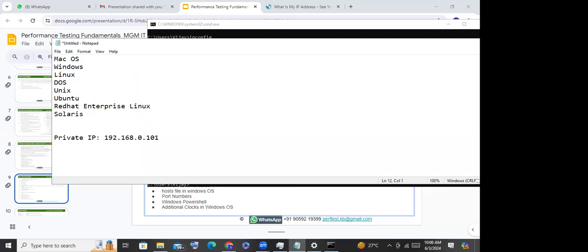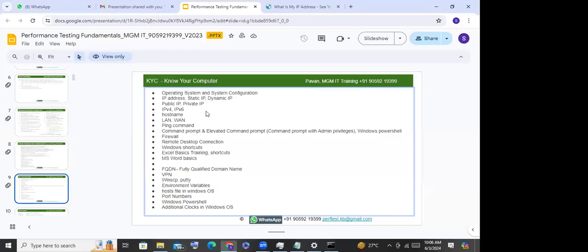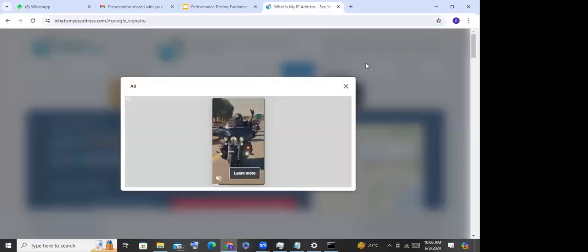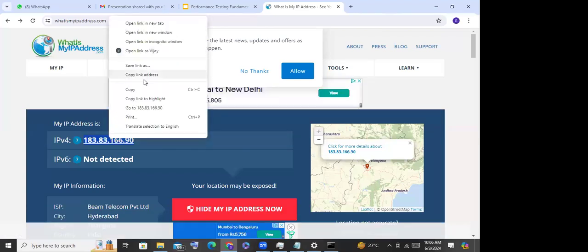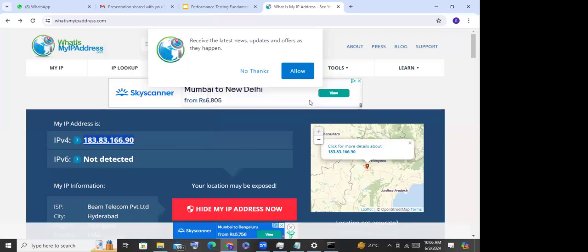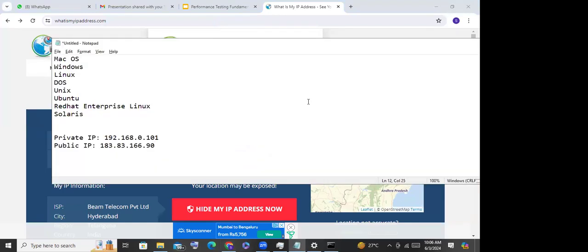And what is the public IP? Yes, guys, this is my public IP. When we connect tomorrow, let's check whether these particular IPs are the same or not. Clear about it, guys? Let's try that.